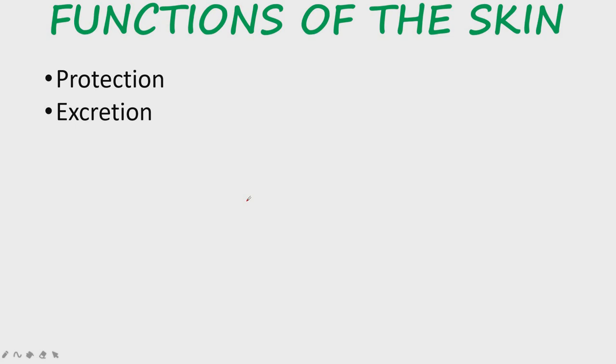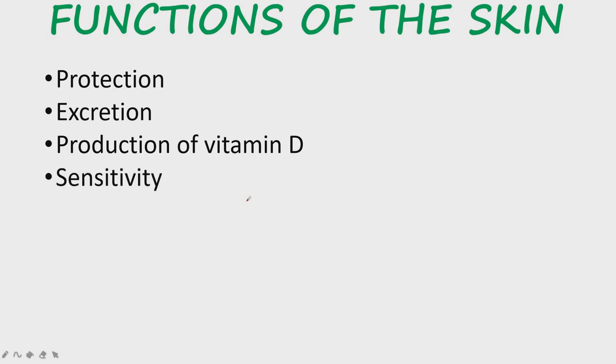Now we have production of vitamin D. The skin makes use of the infrared rays that occur during the midday morning sunlight to manufacture vitamin D. Now, sensitivity is another function of the skin. The skin has sensory receptors, both that of pain, touch, pressure, and even heat and cold, temperature.